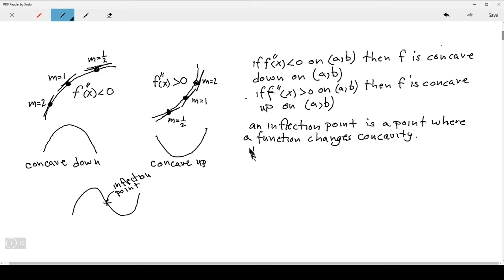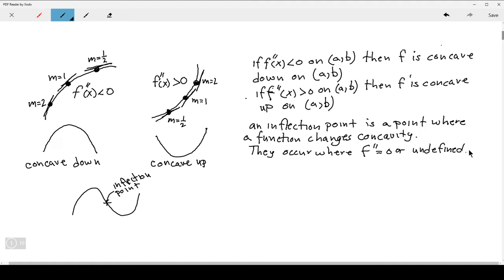They occur where f double prime is equal to 0 or undefined. But just because you have a place where the second derivative is 0 or undefined doesn't necessarily mean that you have an inflection point. You specifically have to have the second derivative being 0 or undefined, and at that point, the function changes concavity.